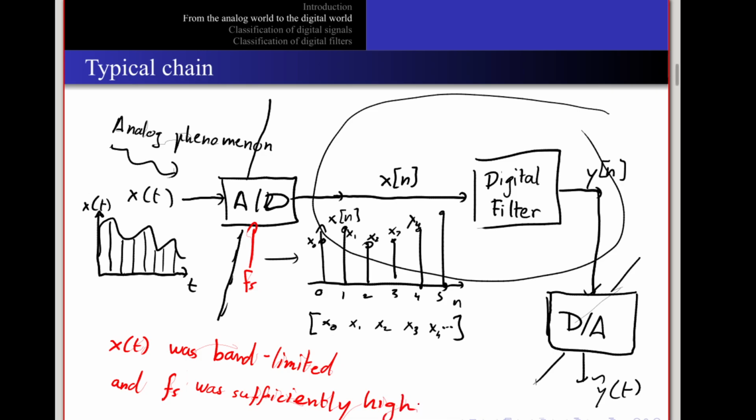It means that all the frequency content above the Nyquist frequency will be either lost or distorted, and we have to take that for granted.